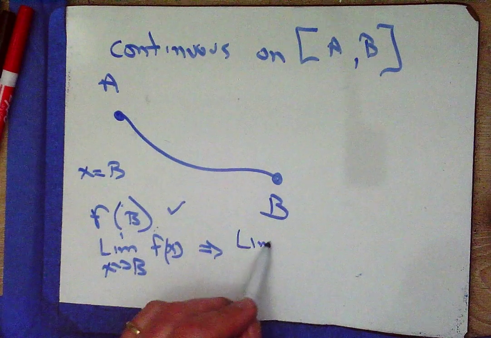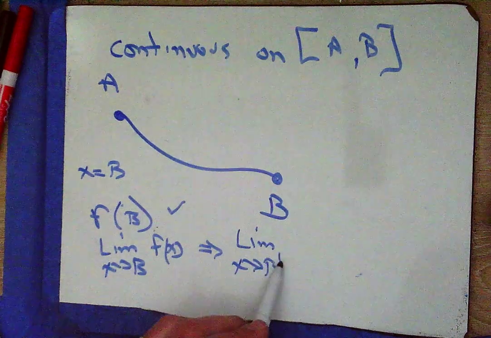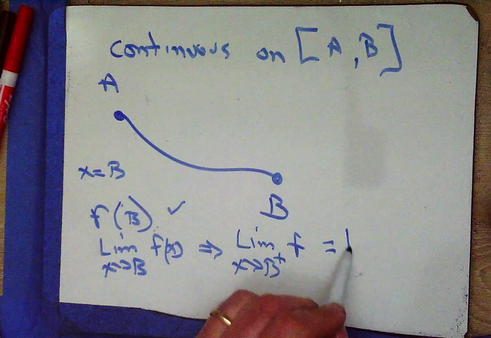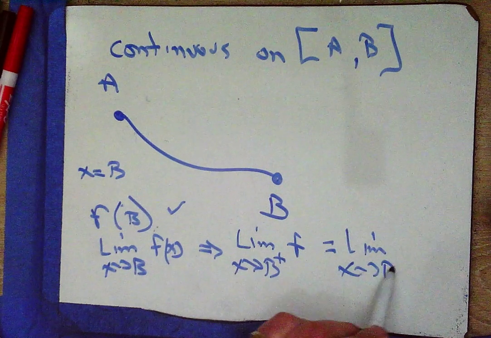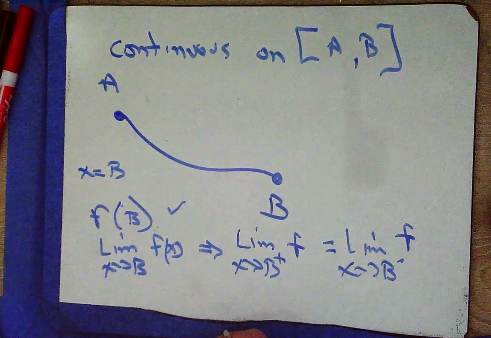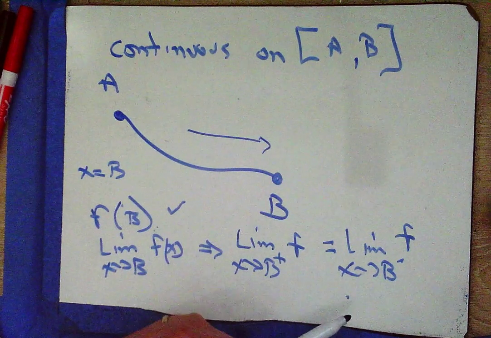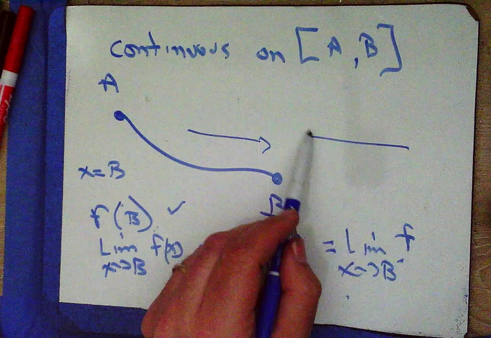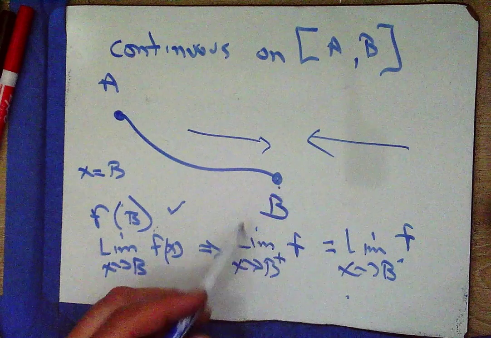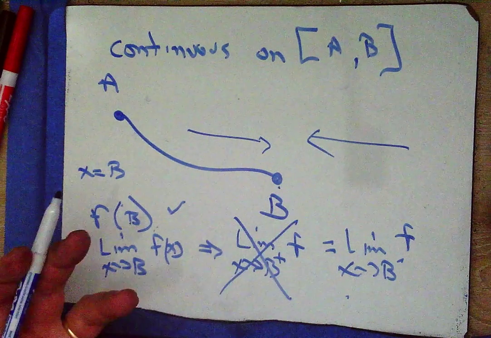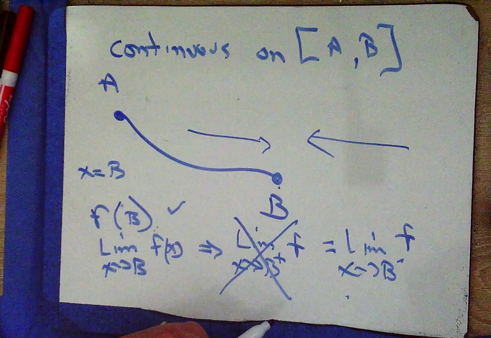That implies that the limit as x approaches b from the positive side equals the limit as x approaches b from the negative side of the function. Well, this is an endpoint, and I've got a problem. Can I come from the positive side? No, that will never exist on the right endpoint.